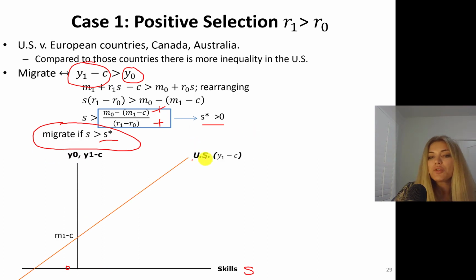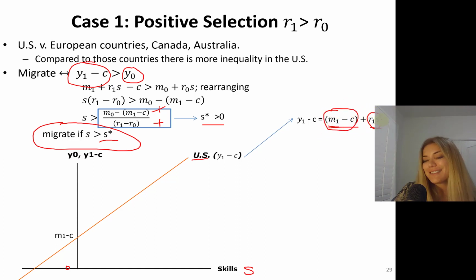This is if you come to the United States: Y1 minus C, where Y1 is M1 plus R1S minus C. I'm going to put minus C next to M1, so it's M1 minus C plus R1S. The slope of this is going to be R1, and this is going to be the intercept.